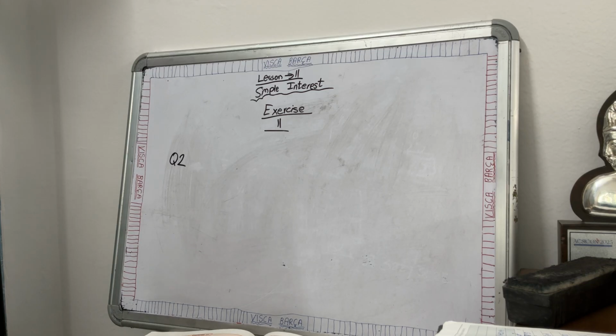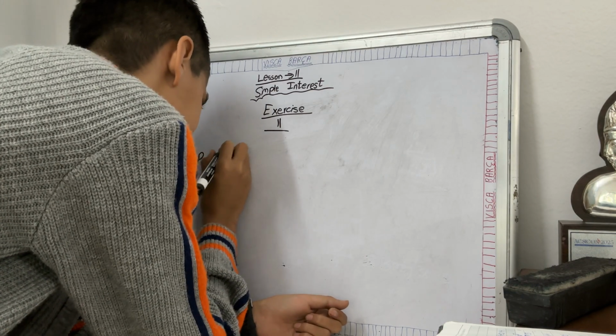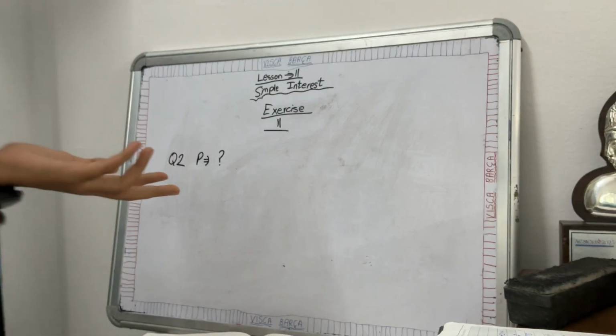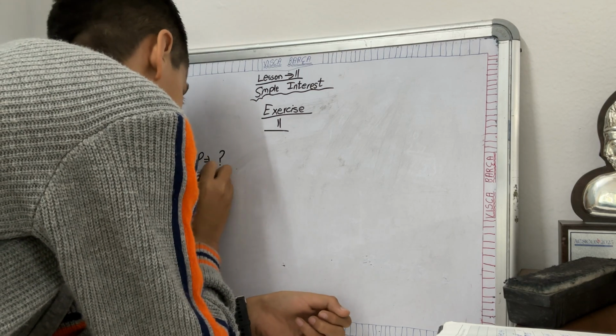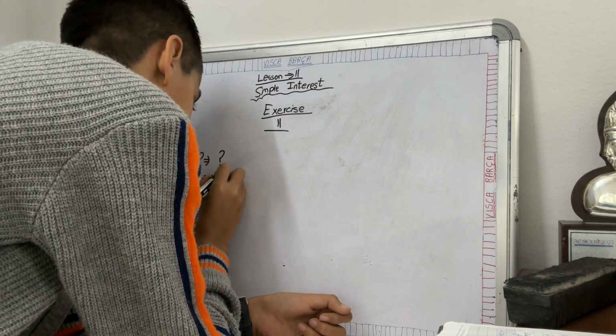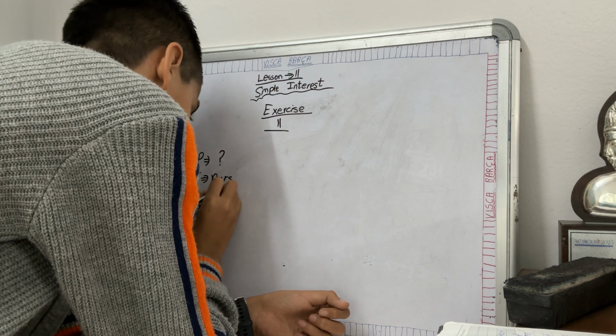So we have to find out the principal. P is equal to question mark. We don't know what P is. Now T is equal to 10 years and R is equal to 5%.